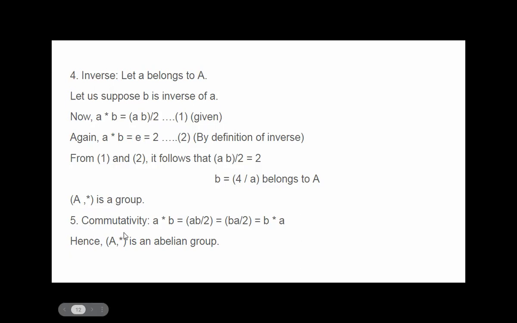Now what about commutativity? a star b is equal to ab by 2, which is equal to ba by 2, which is equal to b star a. So a star b is equal to b star a, because these are simply multiplications. Whether a is multiplied by b or b is multiplied by a, both are the same.